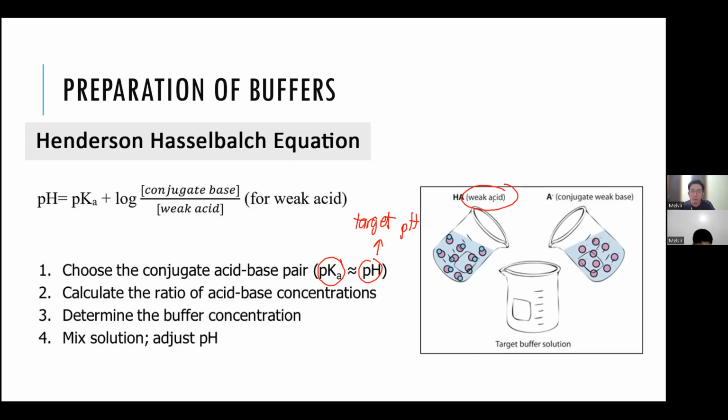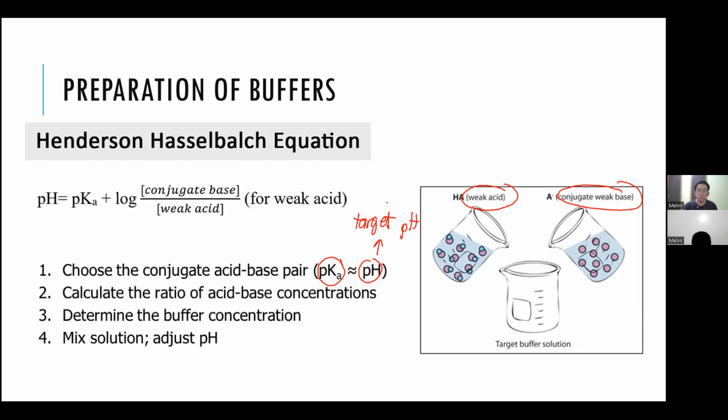Baka sodium acetate po will work. Yeah, sodium acetate. Basta may acetate, yun ang mahalaga. Pwede rin magnesium acetate, potassium acetate, anything na may acetate will work as its conjugate base.